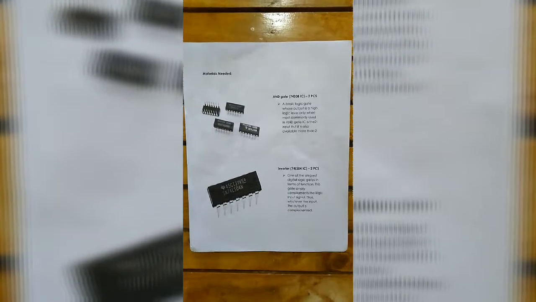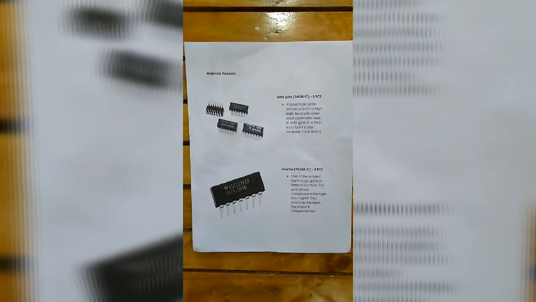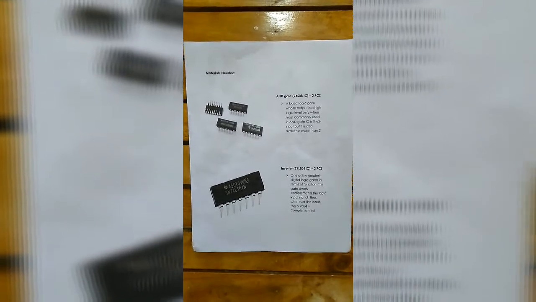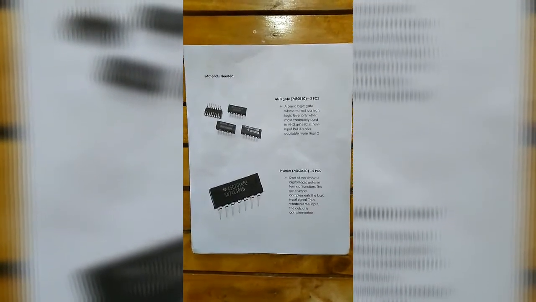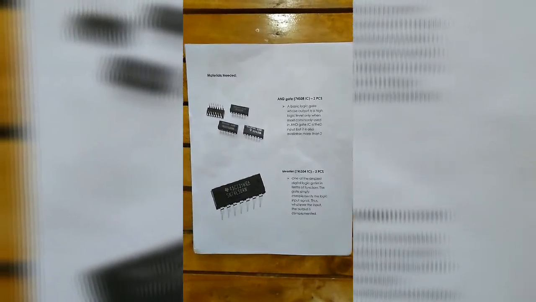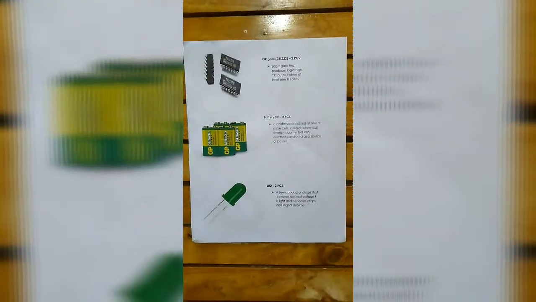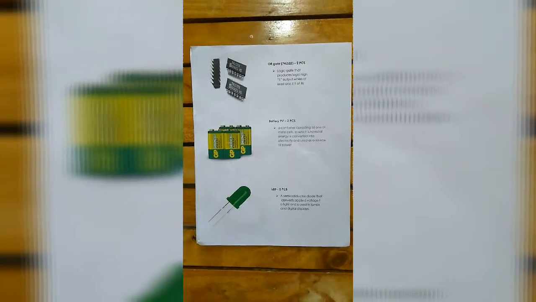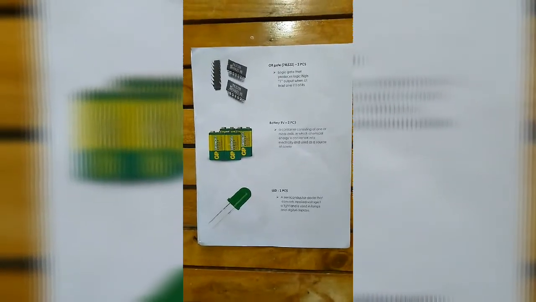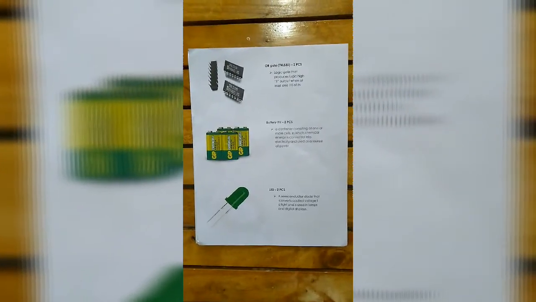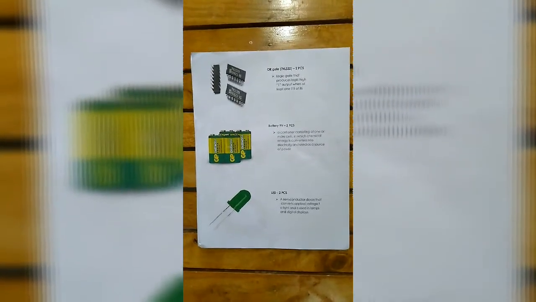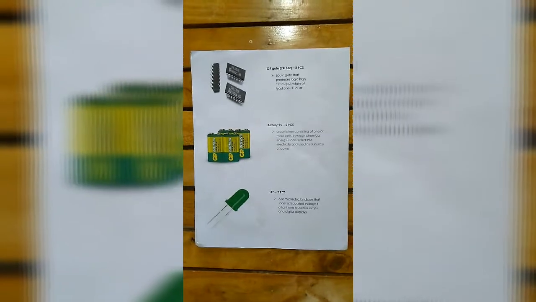The second one is the inverter 74LS04 IC. Then there are two pieces of inverter used. The third material that is needed in the two circuits is the OR gate 74LS32. There are two pieces of OR gate used.